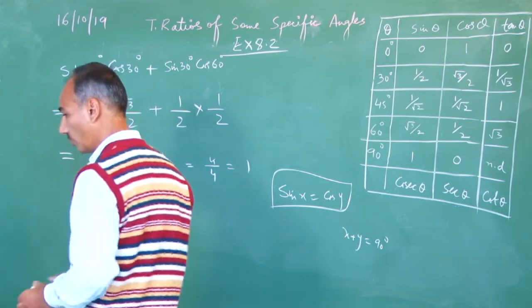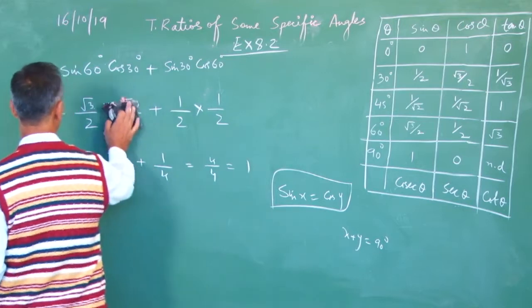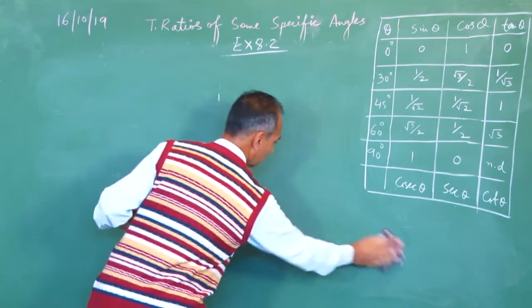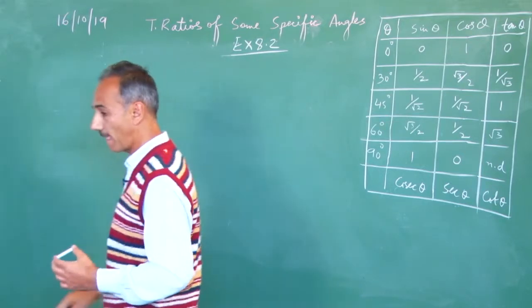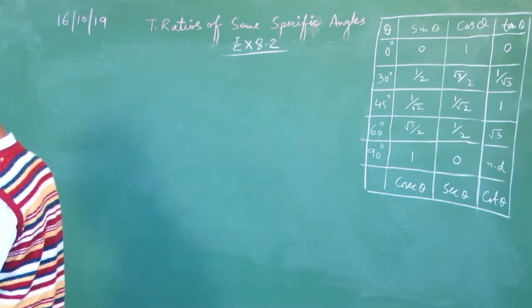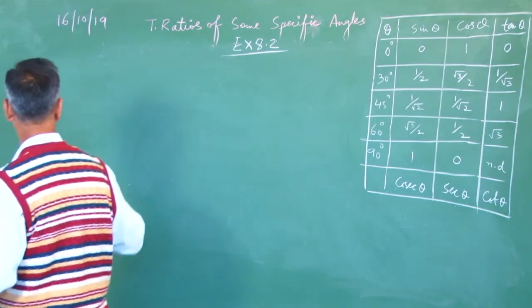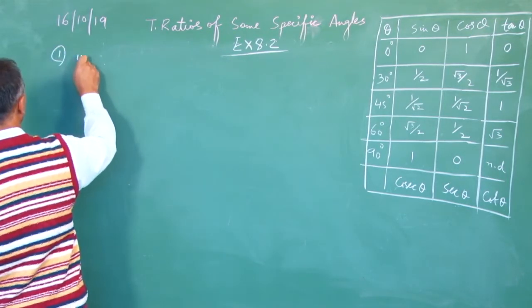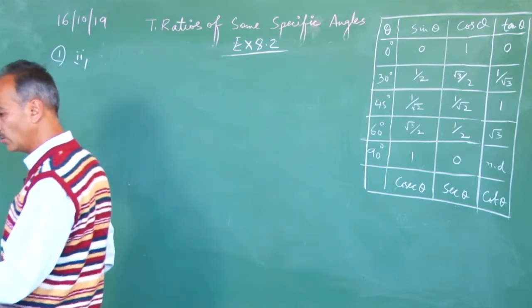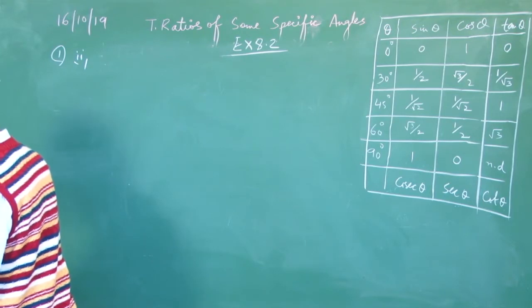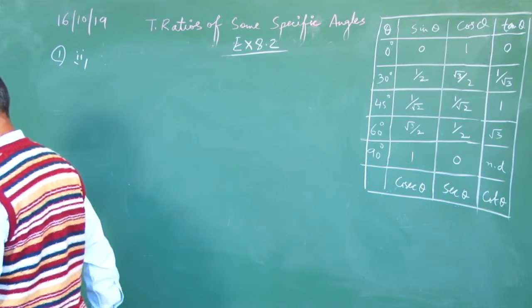Now we'll move on to one more sum. This was pretty easy. This is the second part of exercise 8.2, question number 1, part 2. You are asked to evaluate the value of 2 tan square 45 plus cos square 30 minus sin square 60.